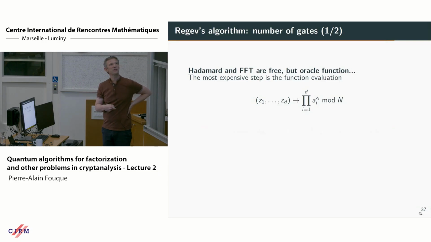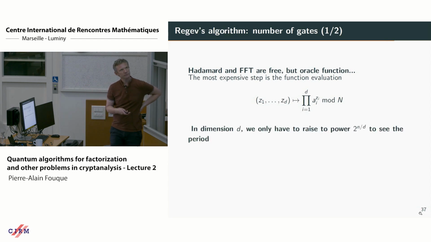And so the most expensive step that I have to implement is in fact this multi-evaluation. Okay? But I recall to you that I only have to raise to some powers Z1 to ZD, and the sizes of the Zi are much, much shorter than the size of Z for Shor algorithm.